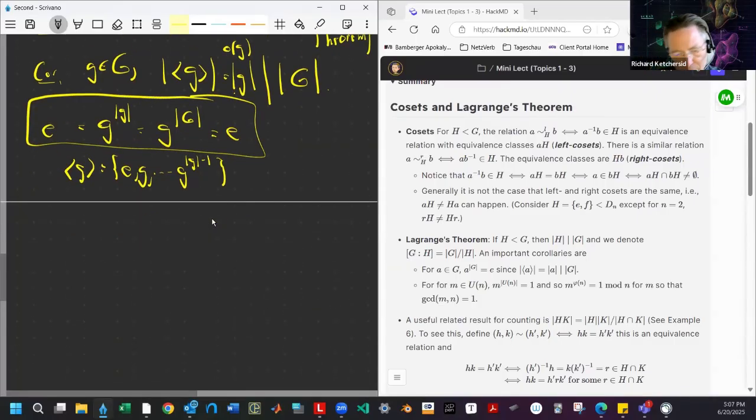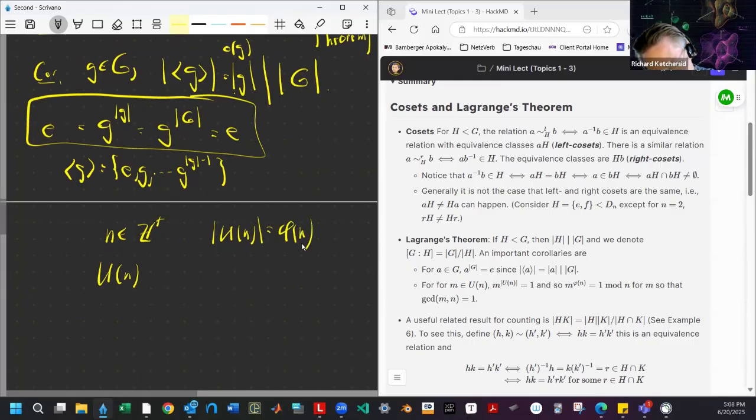One thing this does for us is, given n in Z plus, we know that Un is the set of things relatively prime to n. We know the size of Un is the Euler phi function, phi of n. We know that this is a multiplicative group.